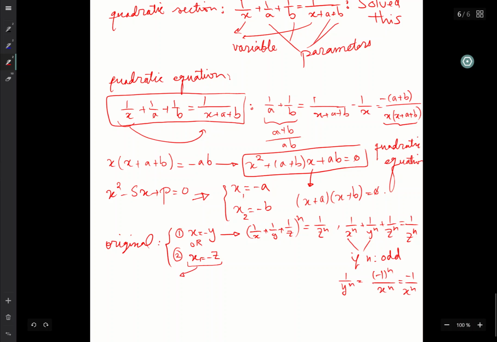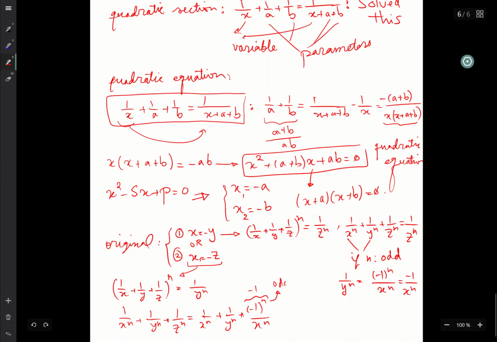So if x is minus z, 1 over (x plus y plus z) to the nth power is 1 over y to the nth power, obviously, and 1 over x to the n plus 1 over y to the n plus 1 over z to the n is equal to 1 over x to the n plus 1 over y to the n plus (minus 1 to the n) over x to the n, and this is minus 1 because n is an odd integer, and therefore this becomes 1 over y to the n.